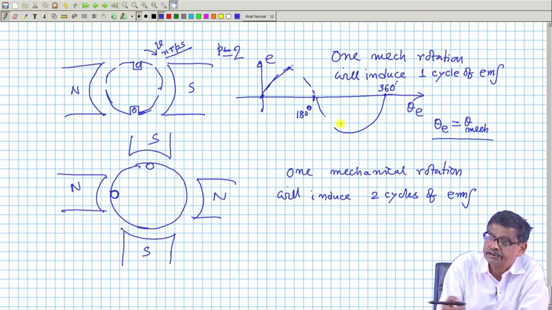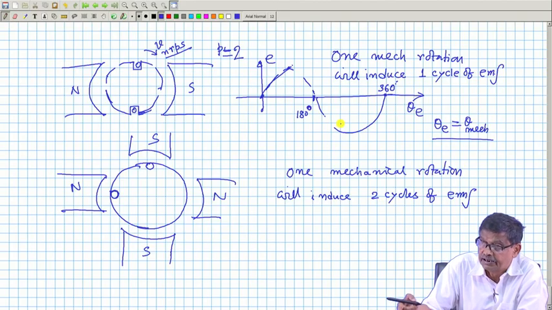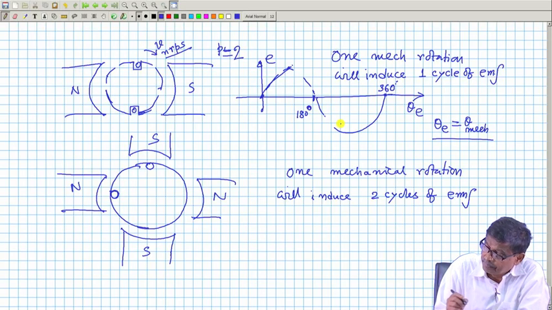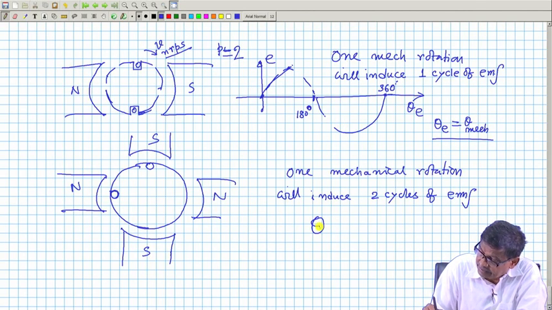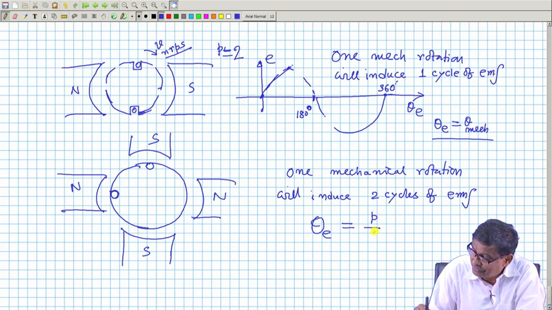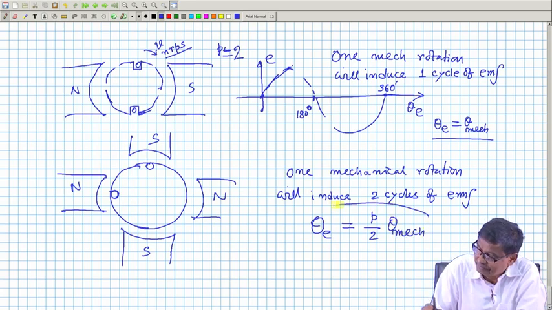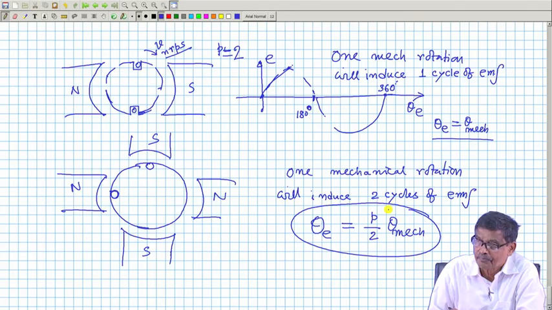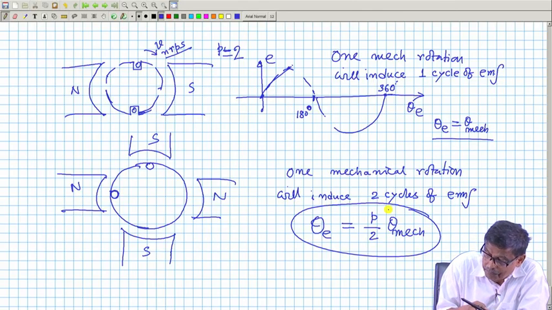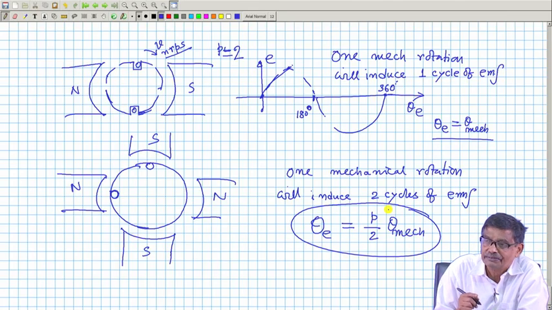When you sketch the voltage in terms of theta, theta is omega t eventually. So, in this case I will say theta electrical must be equal to how much? P by 2 into theta mechanical. That is, if you move by 90-degree mechanical, it means we have moved by 180-degree electrical.